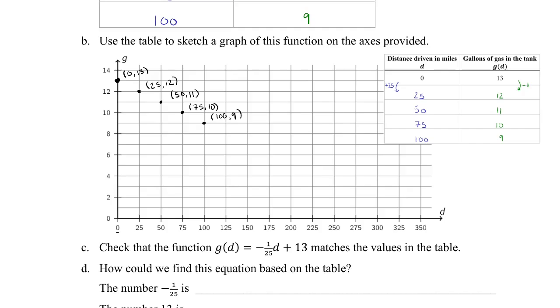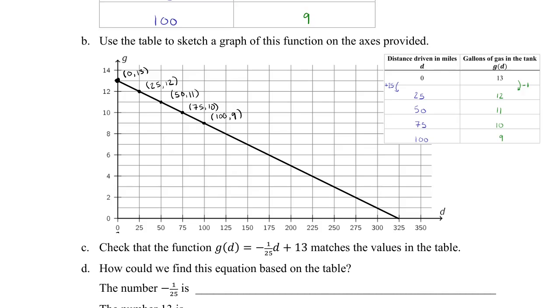And we spot that once again, those points are all lined up along a straight line. So we can draw that straight line, and we get a graph that shows the relationship between the distance that she's driven and how much gas she has.